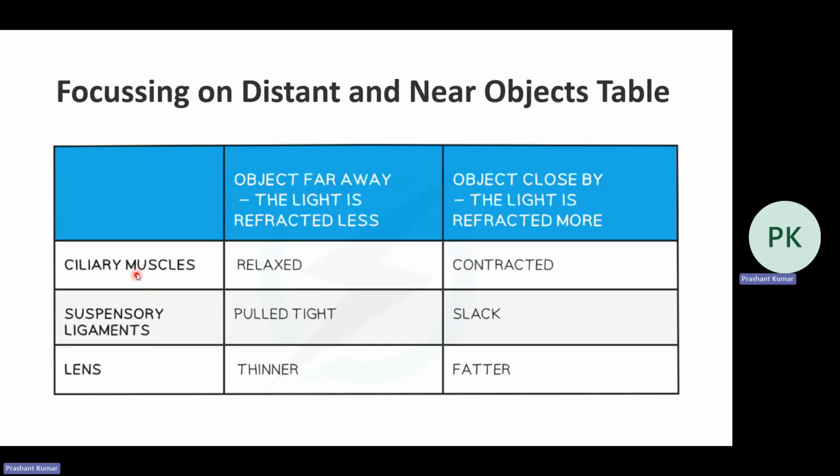In summary, when the object is far away, light is reflected less, and when the object is close by, light is more refracted. So in the far case, ciliary muscles are relaxed, and in the near case, they are more contracted. Suspensory ligament is tightly pulled here, it's slack there. Lens is thinner here, lens is thicker or fatter there.